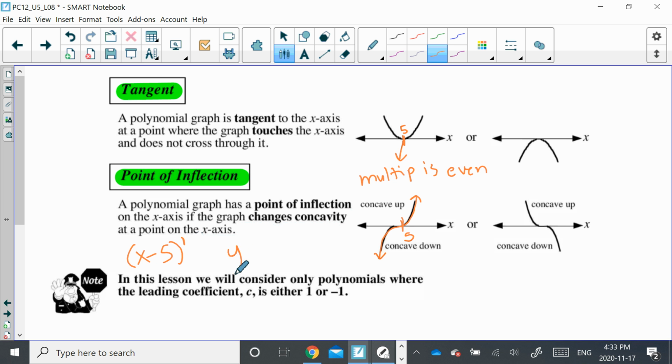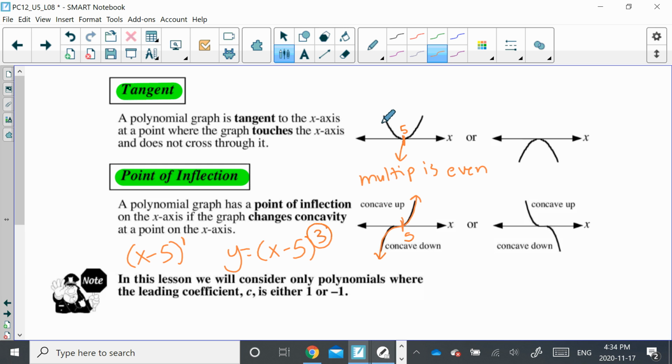But if I gave you y is equal to x minus 5 cubed, the 0 is 5, the multiplicity is 3, and if you have a multiplicity of 3 or a multiplicity of 5, what that means is we're going to have a point of inflection. And our graph, it's called, it changes concavity. So it goes from concave down to concave up. Okay, so I'll talk about these terms in the next examples.